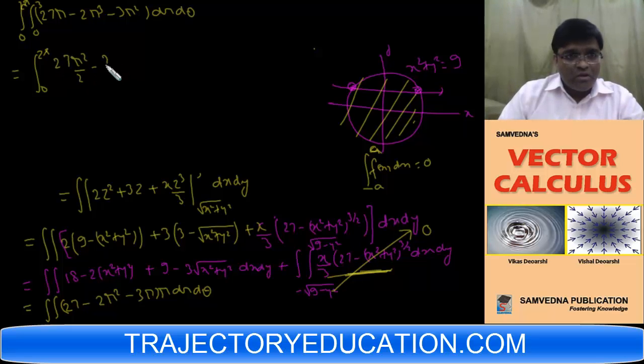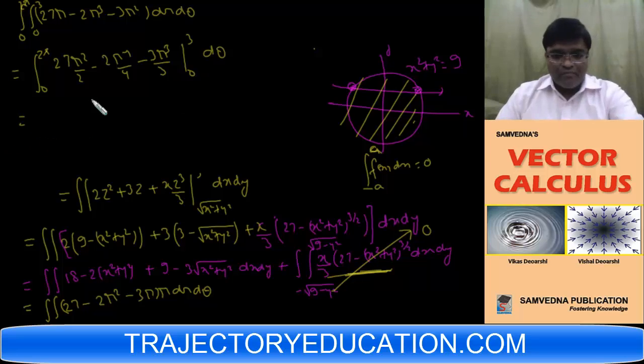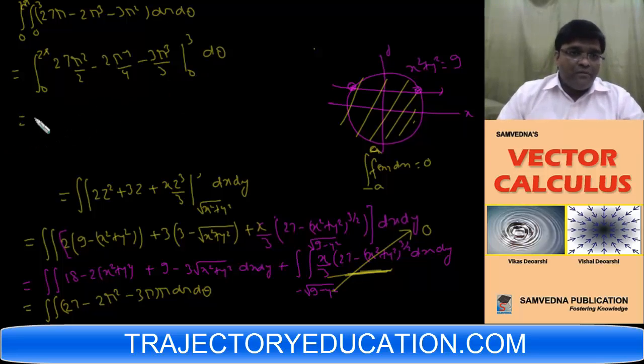Integration of r gives 27 r square by 2, minus 2r to the 4 by 4, minus 3r cube by 3, and the limits are 0 to 3. So if you calculate it, it comes out to be 54, and theta from 0 to 2 pi.